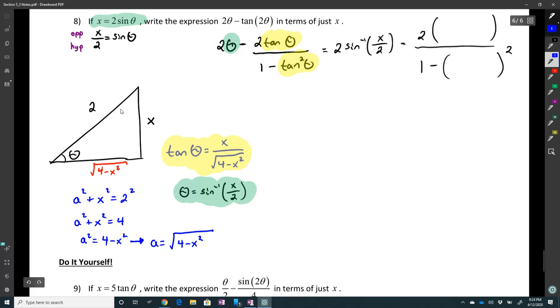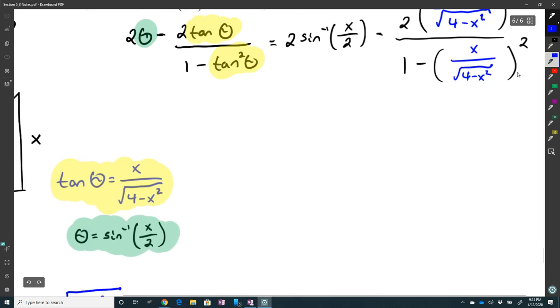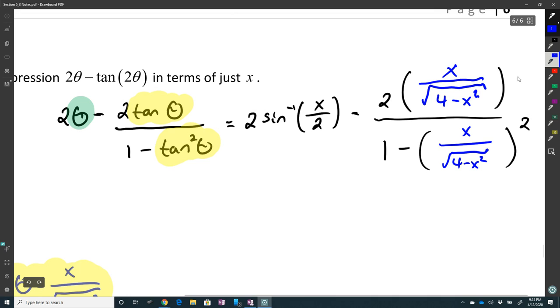And so that is x over the square root of 4 minus x squared. Let me make that look nicer.